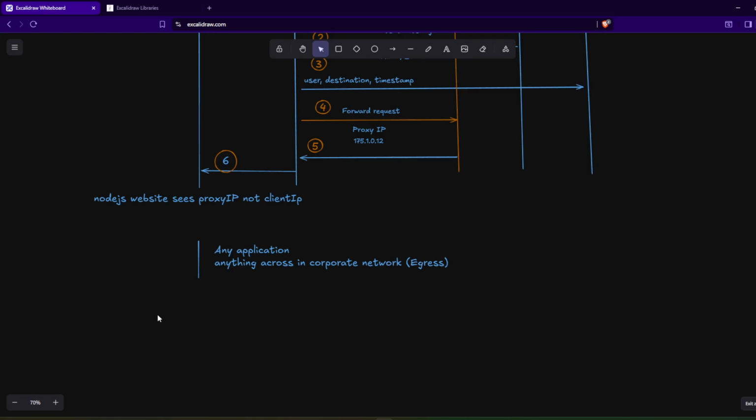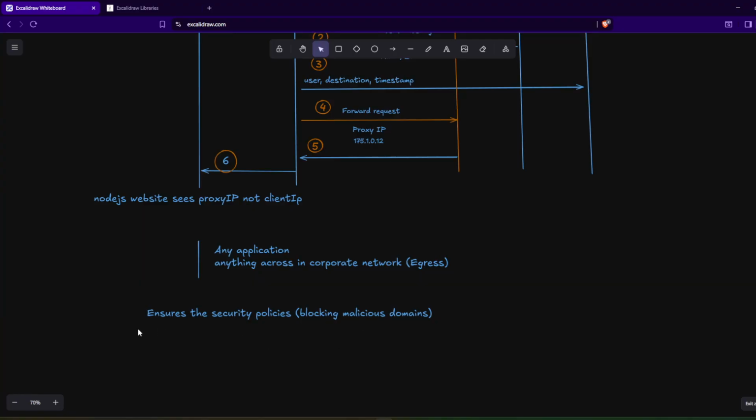Now let's summarize the main functionality of this. As you saw, it ensures the security policies, like blocking malicious domains, which is one of the very important aspects of this.